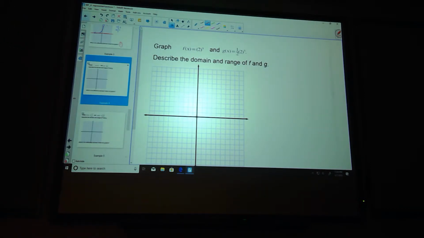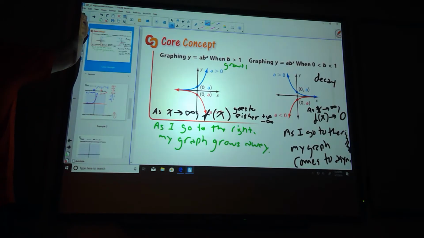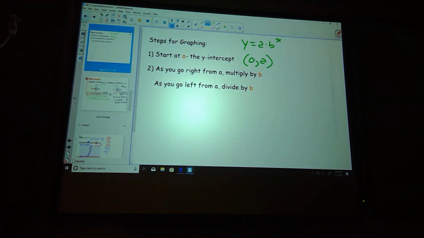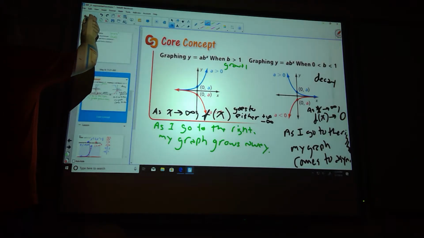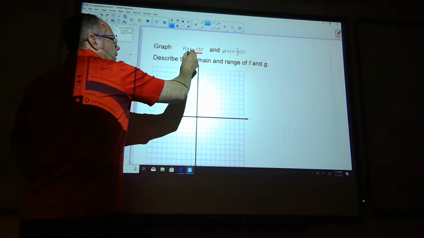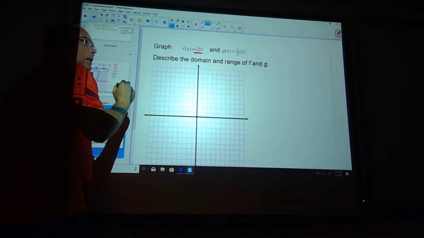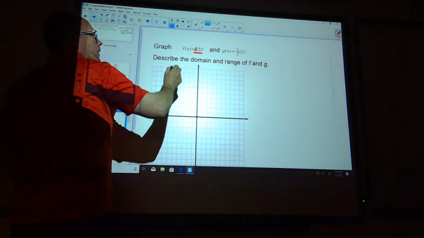So let's try and do this off my one graph. Let's see, they had some rules back here, right? Start at A. So 0, comma A. A doesn't have the exponent, right? So what's my A value on this one? 2 has an exponent. 1.